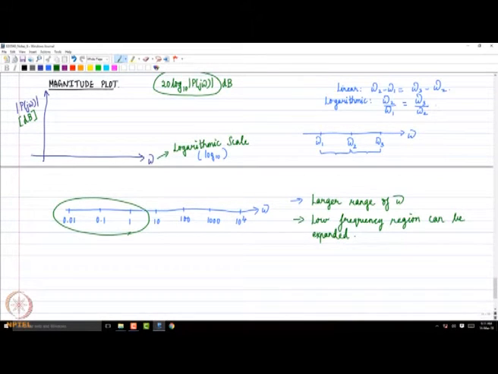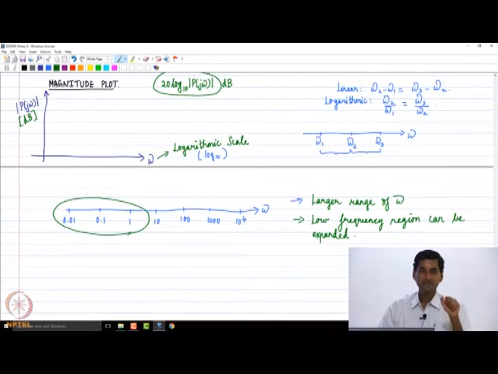Of course, what is the limitation with the logarithmic scale? High frequency gets shrunk, and I can't plot 0, right. On a linear scale I can mark a 0 and start from there, but that is okay, because practically we are looking at the frequency response. What does it mean to give a 0 frequency signal?